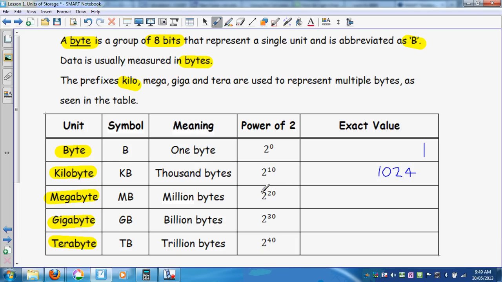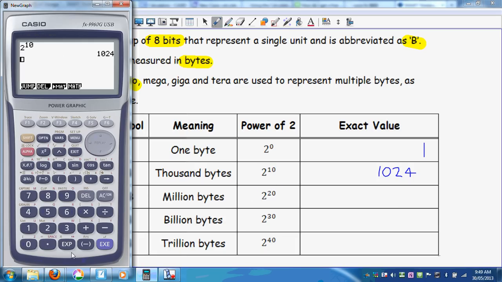However, base 2 means 2 to the power of 20. So we can do this one of 2 ways. We can do 2 to the power of 20, which equals 1,048,576 bytes. Or we can think of it as multiplying by 1,024 instead of 1,000.